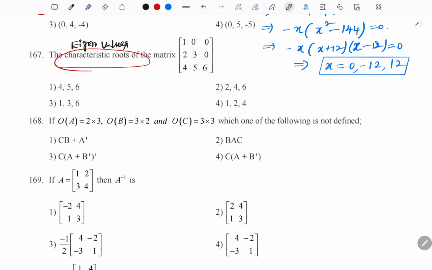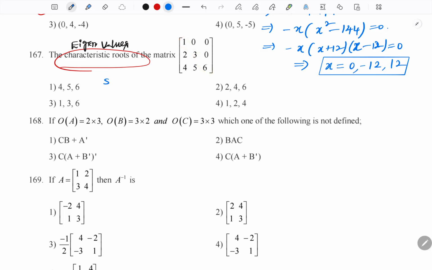Whenever your matrix is either upper triangular or lower triangular, what will happen? Then your characteristic roots or eigenvalues are the main diagonal values, right? Okay, I will write here.